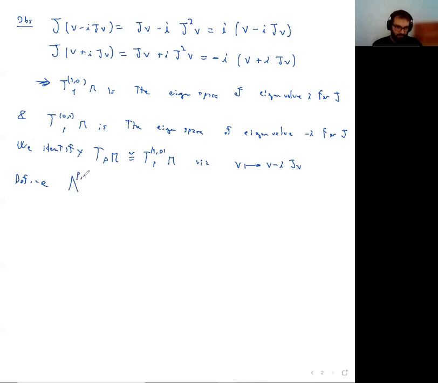So lambda PQM as the tensor product of T10M star wedge T10M star, and this is for P times. And then you do the same with T01M star, Q times.